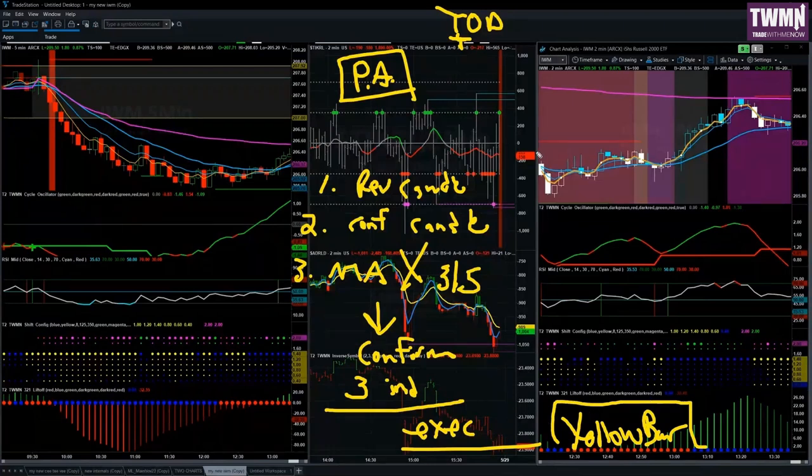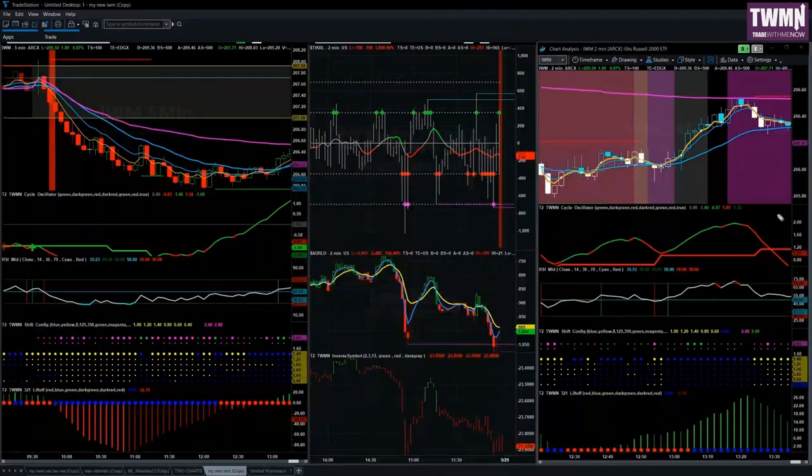Watch. This is lunchtime, going nowhere, right? I'm looking for a move to the upside, so I'm looking for a reversal candle. That's a reversal candle. Not a great one, but a reversal candle nonetheless. Now, if you look, see price coming down, down, down, down, down. That is a reversal candle, sort of, isn't it? But what followed it?